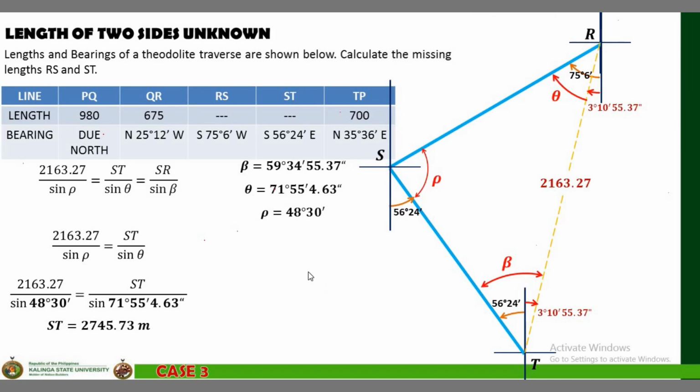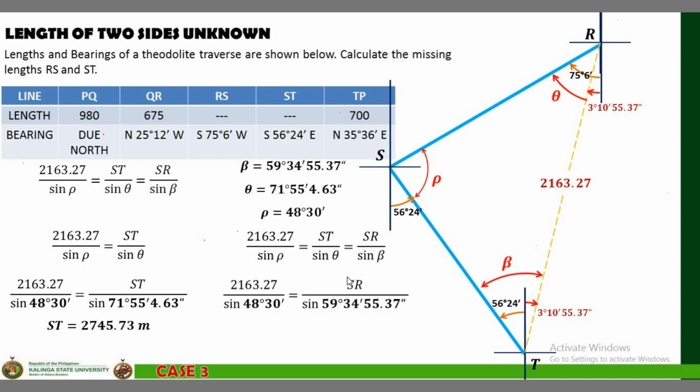Now, again, I'm going to use the sine law. This time, I use SR over sine of beta, which is equal to 2163.27 over sine of rho.